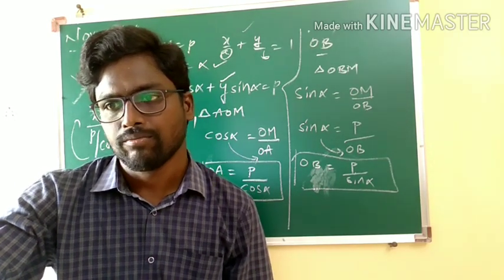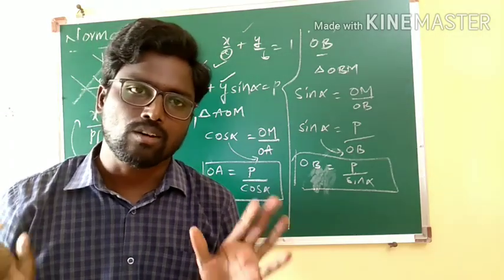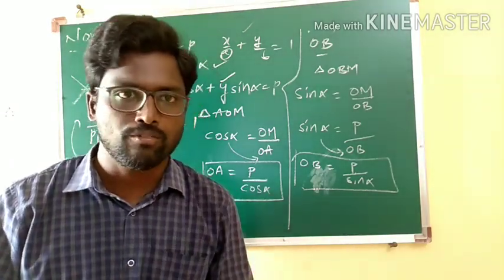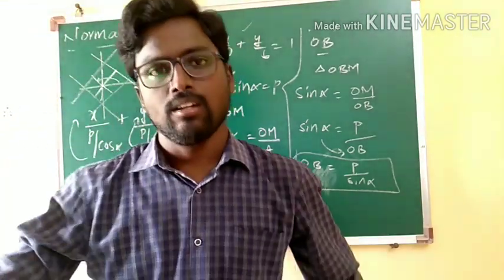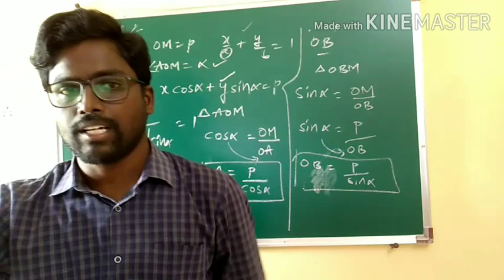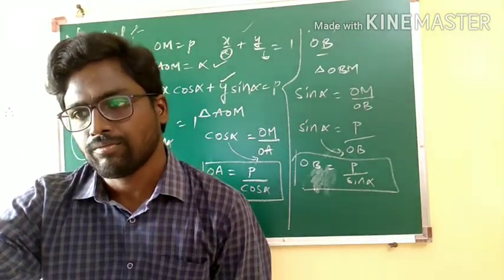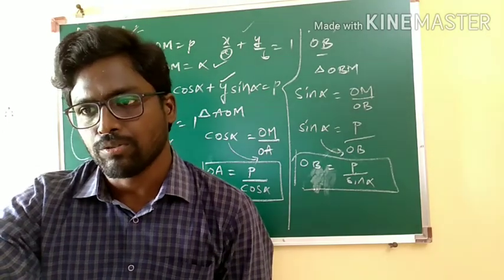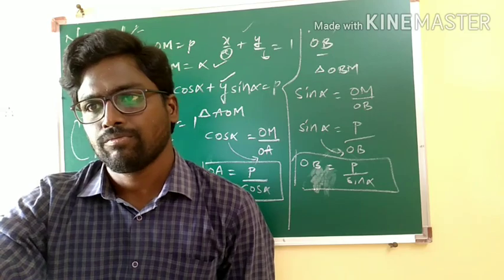And remember, P is always positive, because P is talking about a length, so it can't be negative. Please mention that also: the length of the normal, that is P, is always positive.